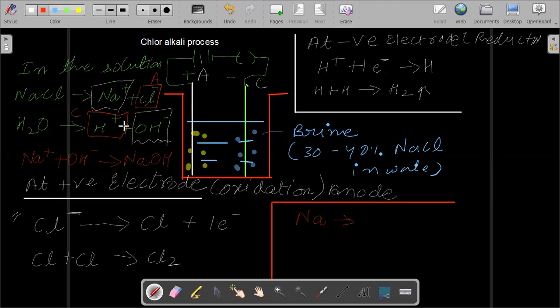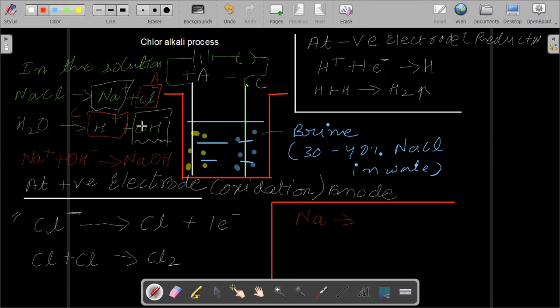Being more electropositive than H plus, Na plus is not ready to gain the electrons as H plus is ready. So H plus is more readily available for gaining electrons as compared to Na plus. That is the reason Na plus does not move towards the negative electrode.